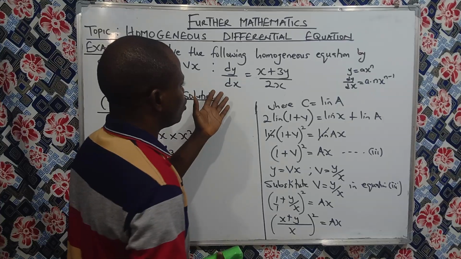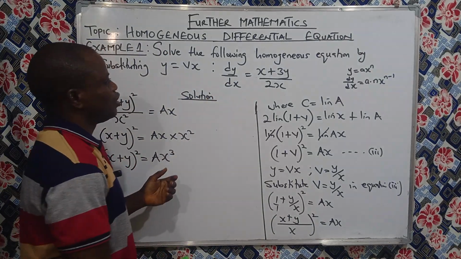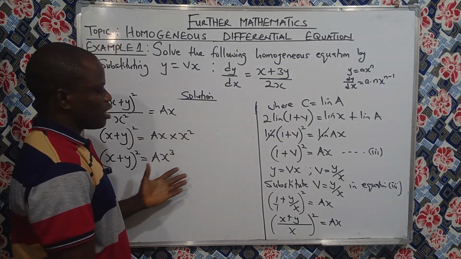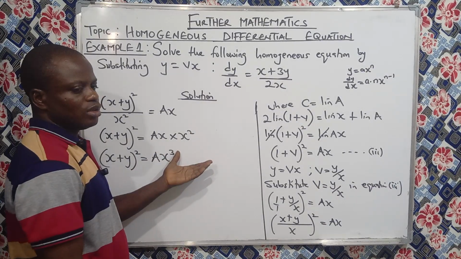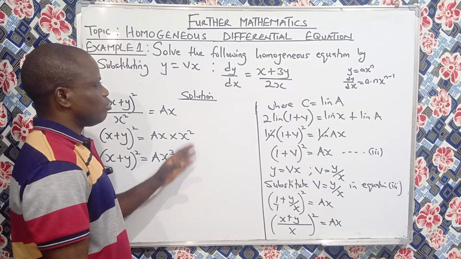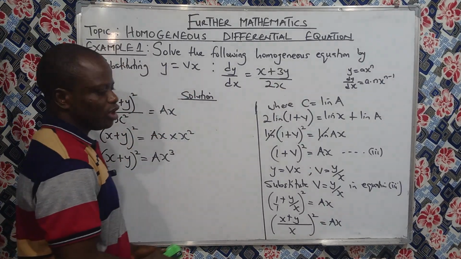These are the conditions you have to look at under a homogeneous differential equation, so that it can be solved by applying separation of variables, which you can do when you substitute y equals vx into the given equation.